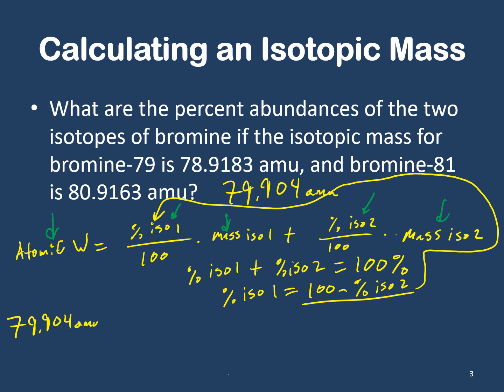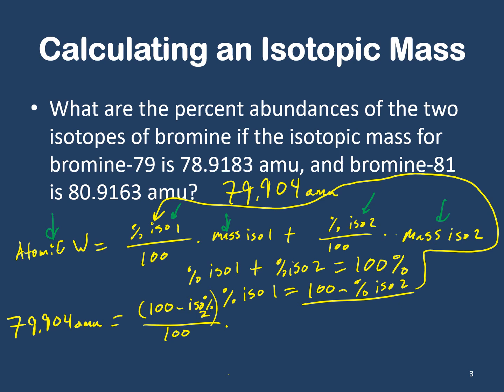79.904 atomic mass units. That's the average atomic weight. I have 100 minus percent isotope 2 divided by 100 times, and this again is isotope 1.